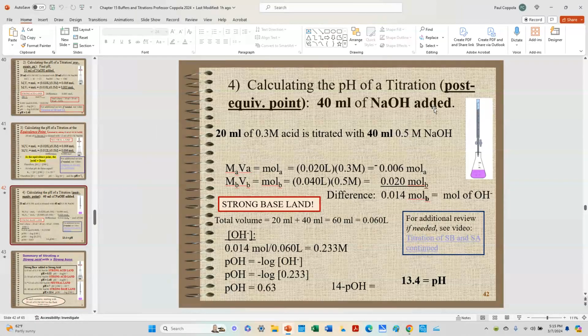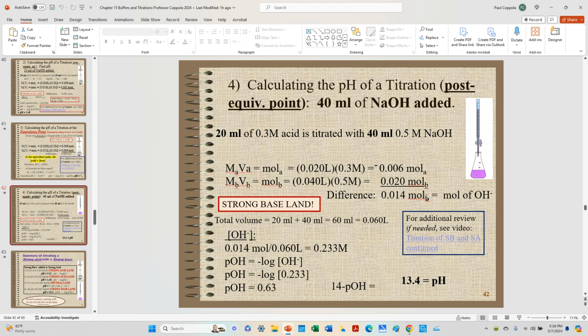And then finally, after the neutralization point, we keep adding base. Now we've added 40 milliliters and we go through the same process. The moles of acid will be the same, but the moles of base now will be bigger, so we subtract them and get 0.014 moles of base.